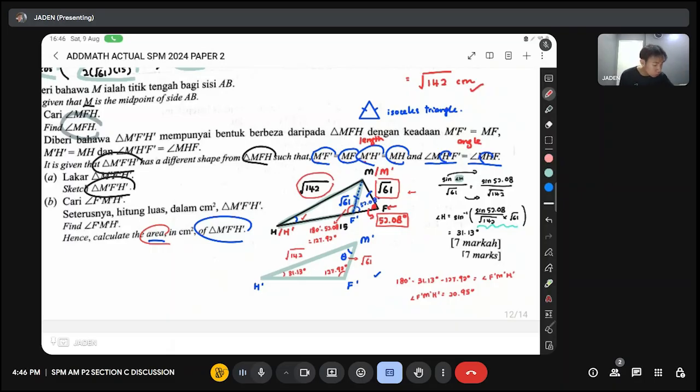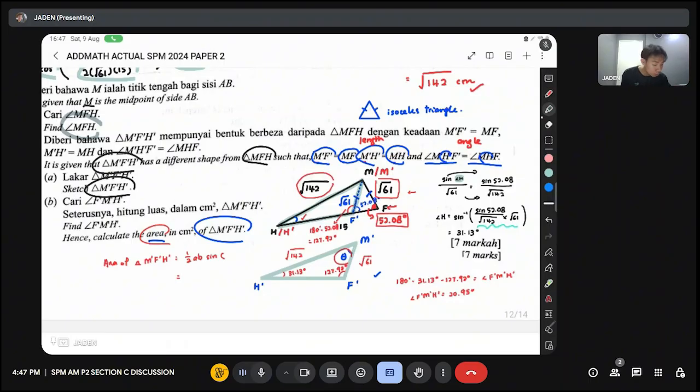And we also just found the angle at M. So the area of triangle M prime, F prime, H prime will be 1 over 2 ab sin C. a and b are like your left-hand side and right-hand side, and C is the angle in between the two sides you choose.